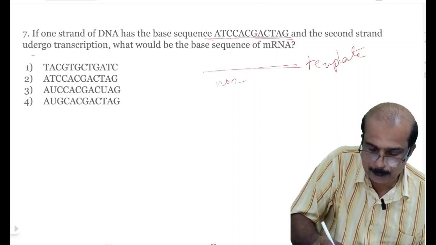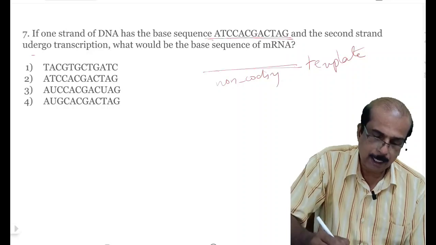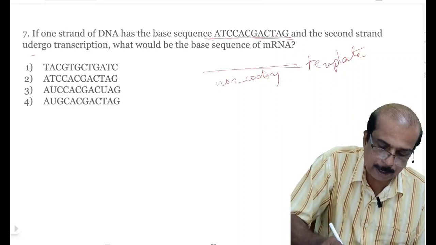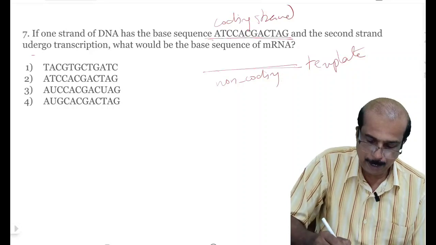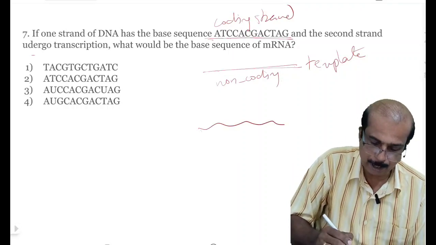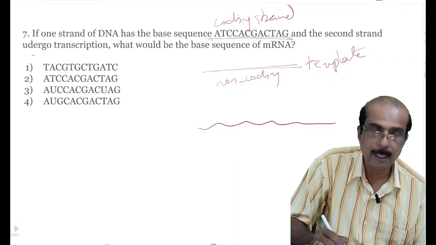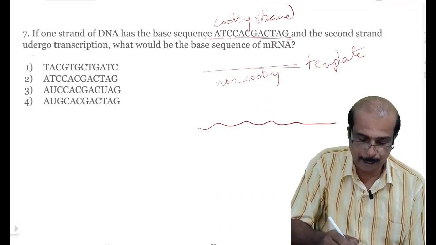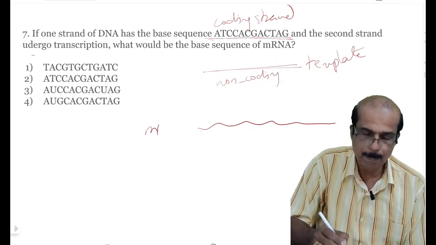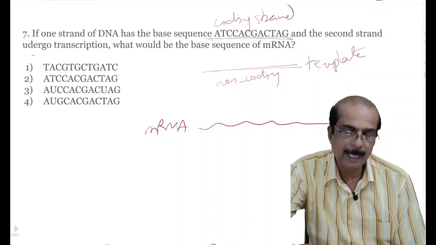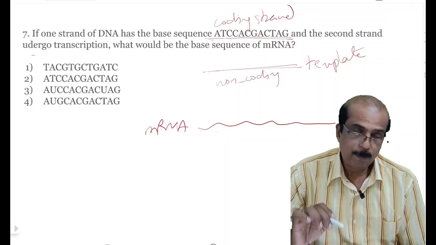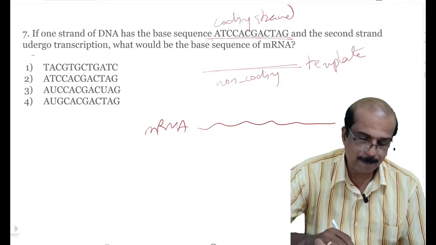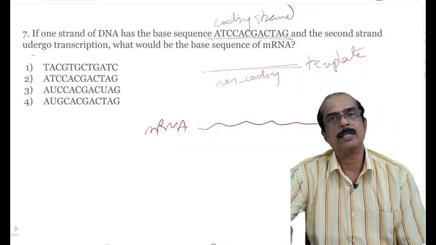This strand is the coding strand. The new mRNA is formed. The base sequence in the mRNA will be the same as the coding strand. There is one exception: in the case of thymine, there will be uracil.